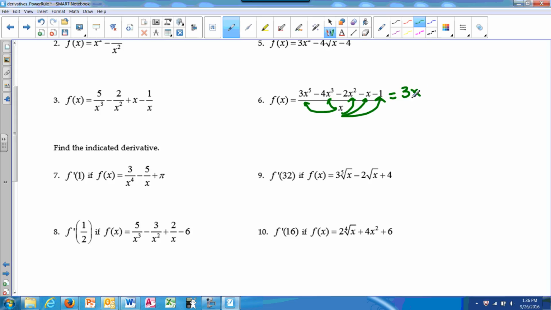Similarly, if I had the cube root of x, I would write the cube root as the 1/3 power. And my derivative is 1/3 x, subtracting 1, I get negative 2/3. The 1 is on top, the 3 is in the denominator, and the x to a negative power moves to the denominator.